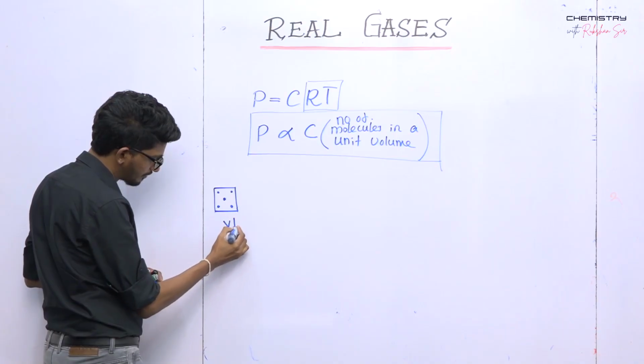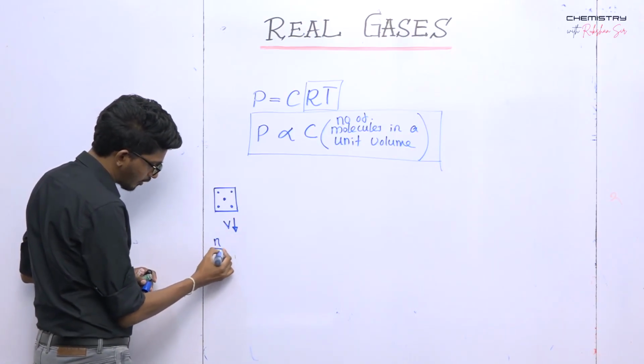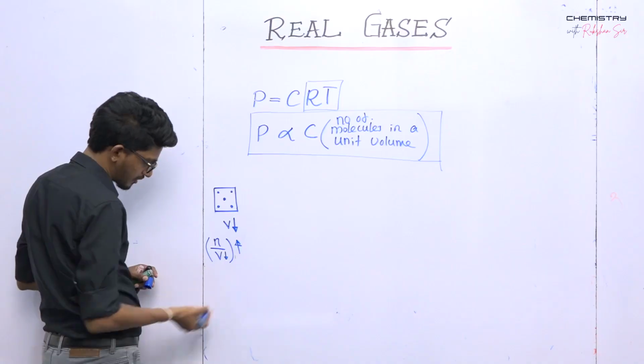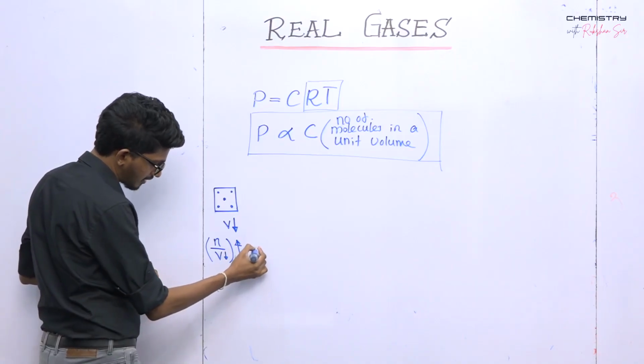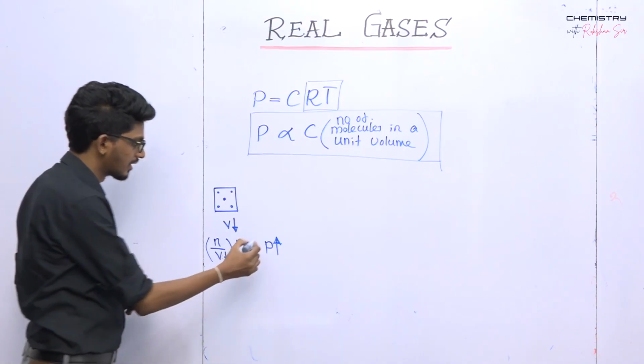Volume is very low, so N over V is high. That means concentration is high, so pressure is high. This represents a system with very high pressure.